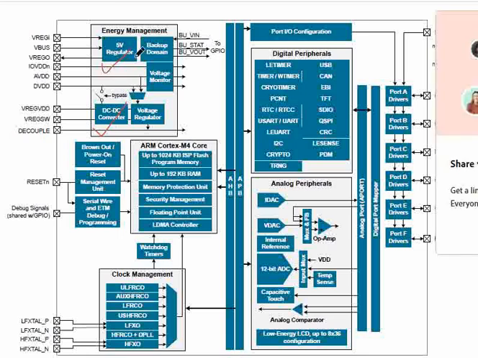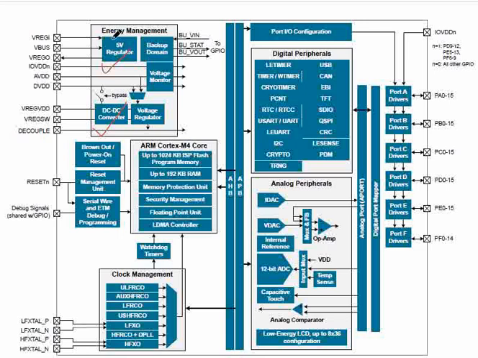One is a 5 volts regulator, which takes voltage from VREG input or VBus, where VBus is over USB and VREG input is the external power. It converts into 3.3 volts and provides output over VREG output. So this is a straightforward regulator which converts 5 to 3.3.